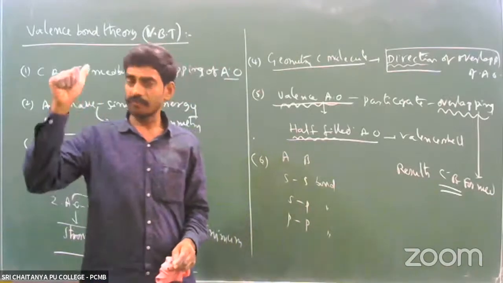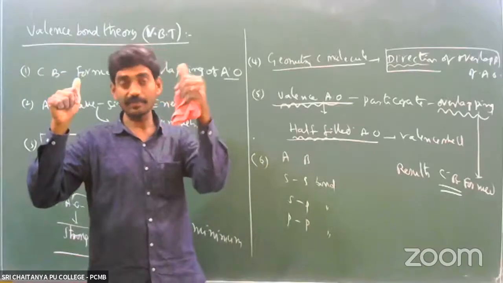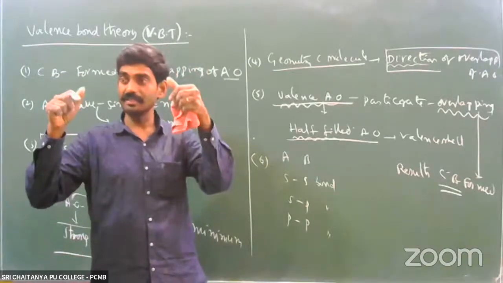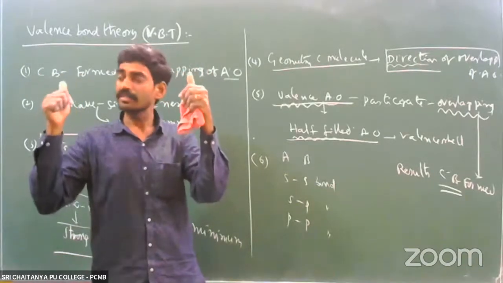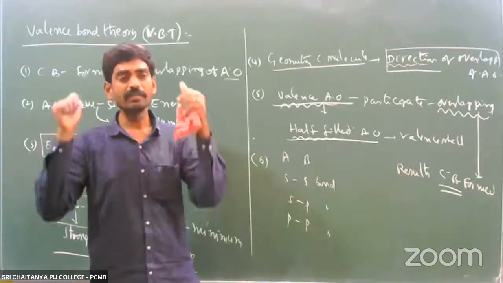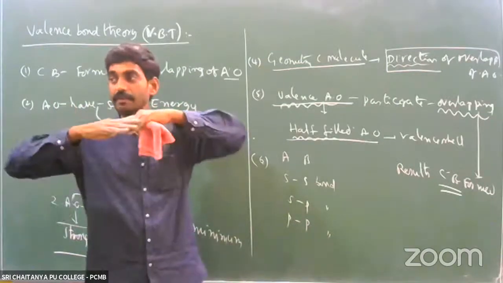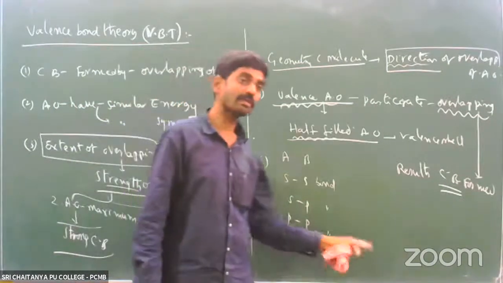If the half-filled p atomic orbitals of both atoms are overlapped, then they form a p-p bond.